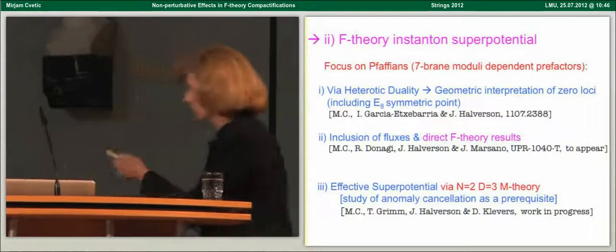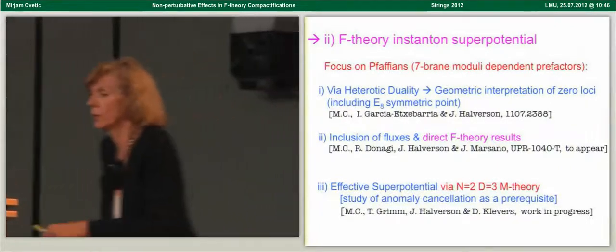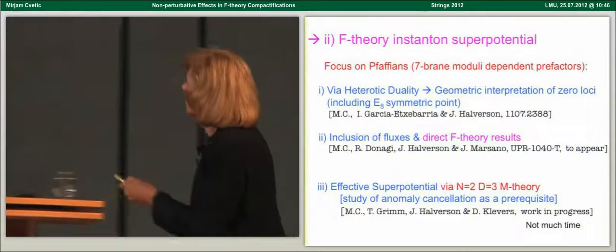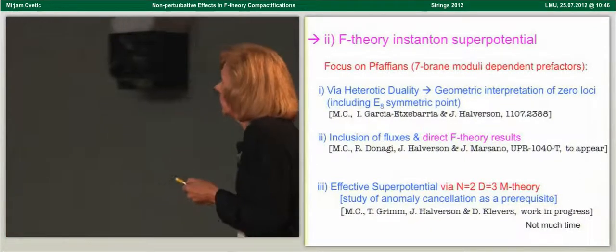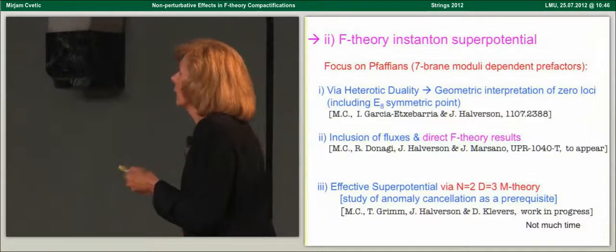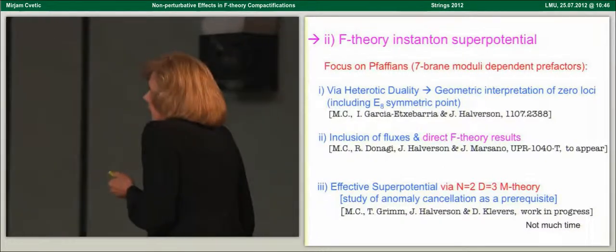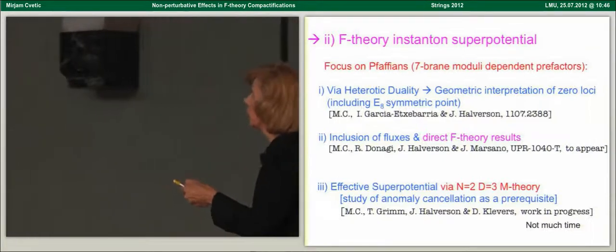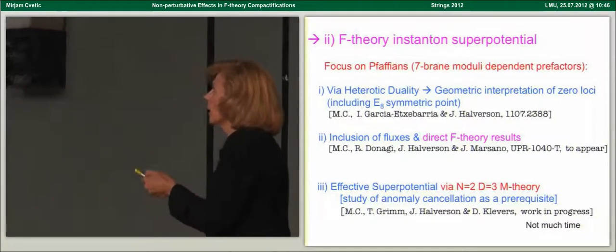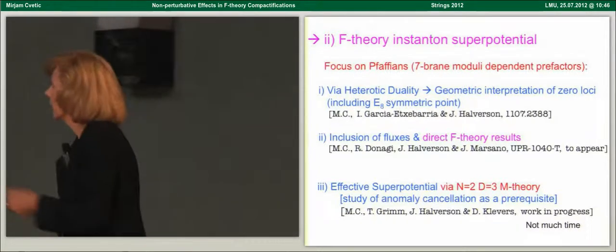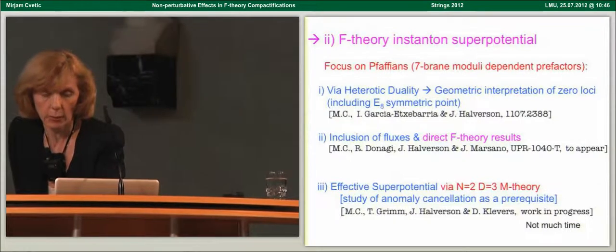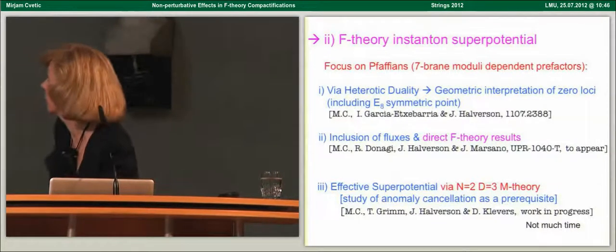Another approach for which unfortunately I won't have much time is also trying to tackle the issue of instanton contribution via M-theory duality, basically using supergravity techniques in a dual, actually lower dimensional, M-theory approach. But that's not what I want to talk about, and it's still a work in progress.